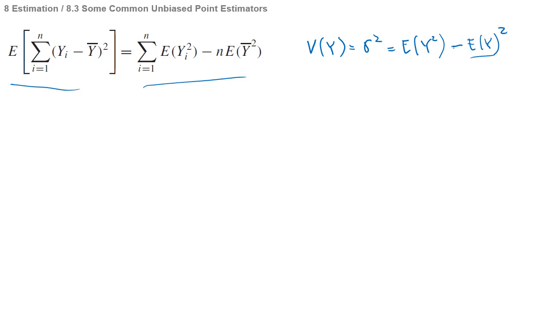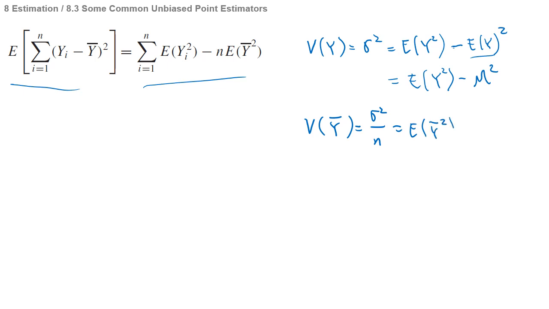So expected value of y square minus mu square. And also, what is variance of y bar? It's sigma square over n. And this is expected value of y bar square minus the square of expected value of y bar, which is expected value of y bar square minus mu square.